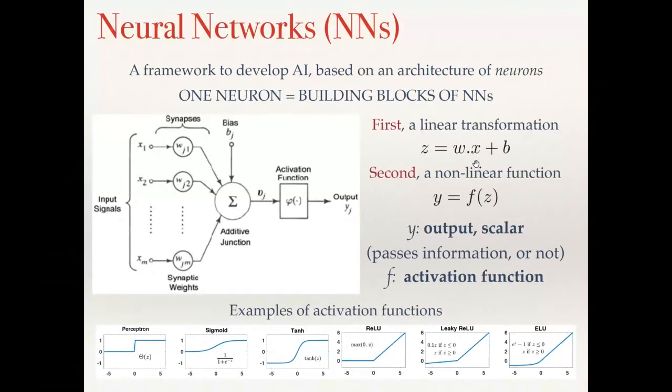So when you obtain the weights at the end of the day, you do your learning and so on, what is going to happen is that if you have a part of your input that has a small weight, this input is not going to be important because it's not going to be then transformed by this activation function. Whereas if you find out that in your learning there are some parts of your inputs that have large weights, that means this part of your input is important for the learning. So that linear part in your transformation is important for interpretation as well.